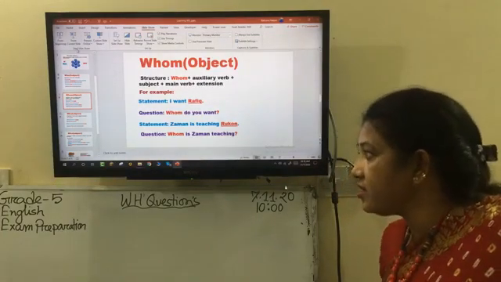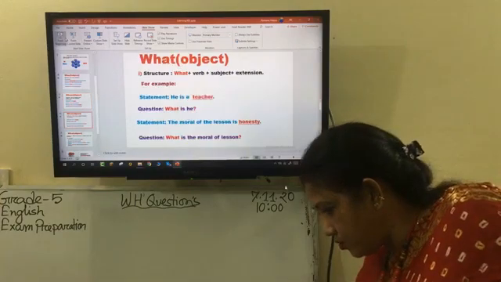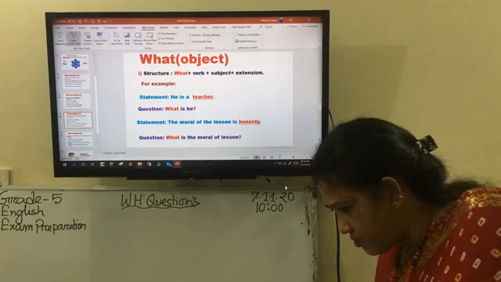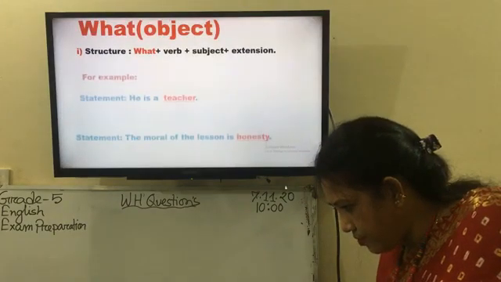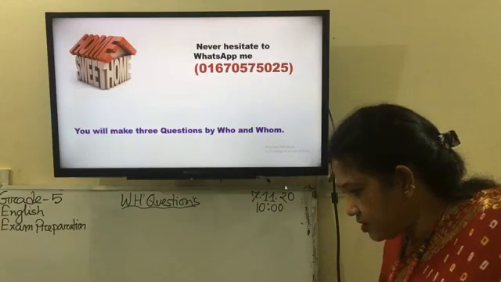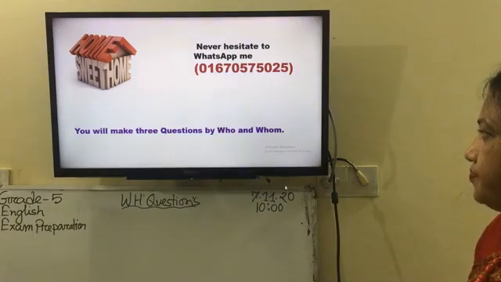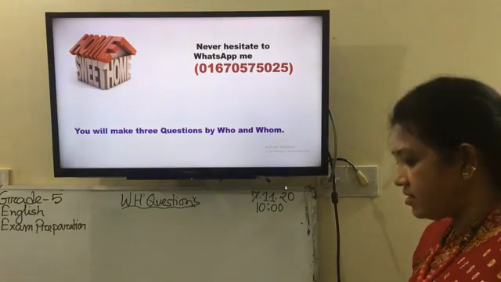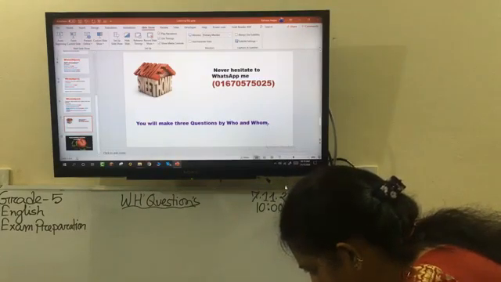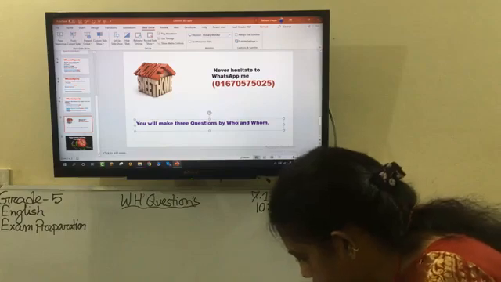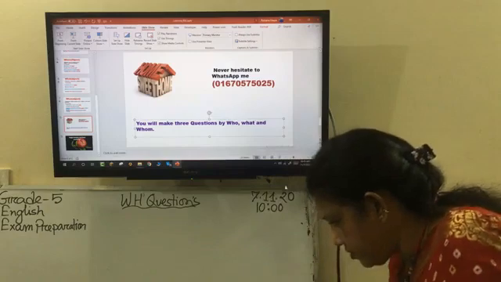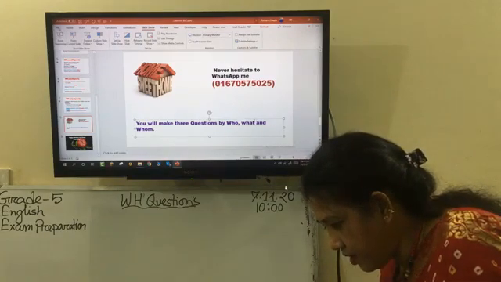So I think everything is clear to you. So I have homework for you. This is the first structure, this is the second structure, and this is the last one. You will write three sentences using who, whom, and what.